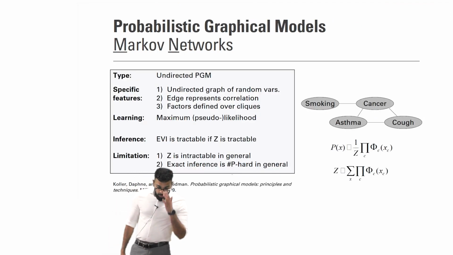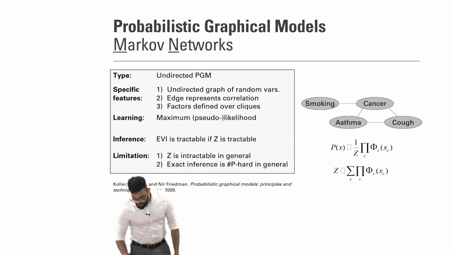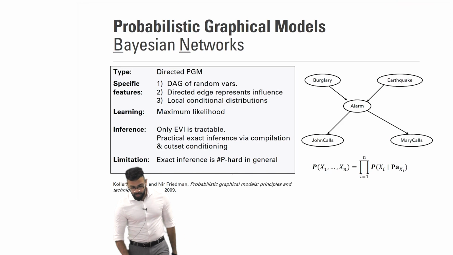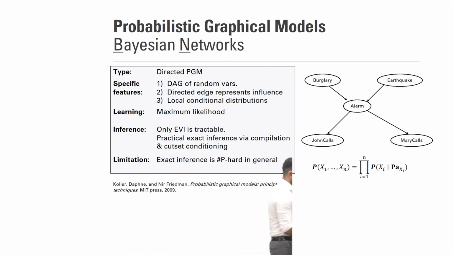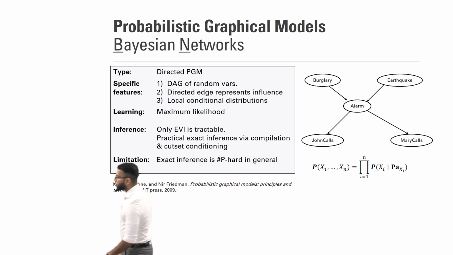All right, now we also saw the classical machine learning models like Markov networks and Bayesian networks, which we discussed in detail yesterday, which give you a way of parameterizing a probability distribution in terms of a directed acyclic graph. You have local conditional distributions and you take a product over them to generate your joint distribution.